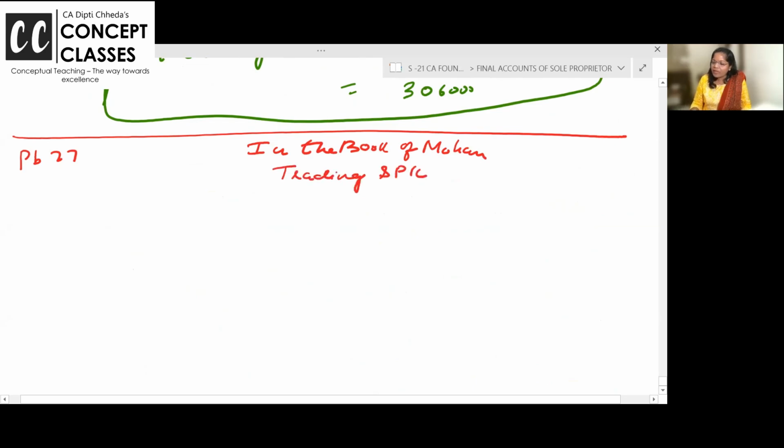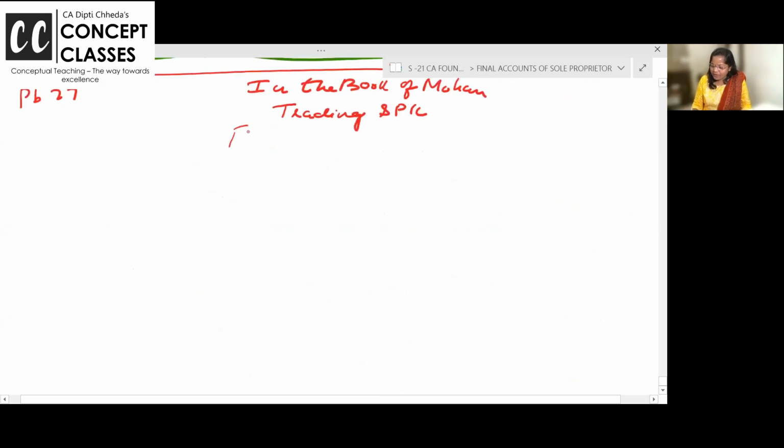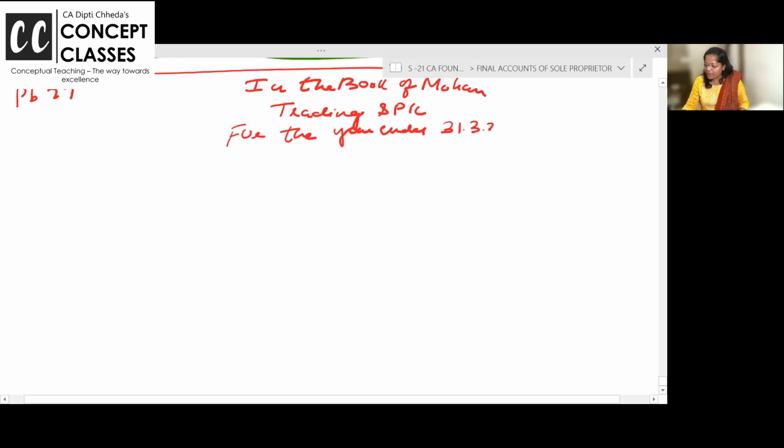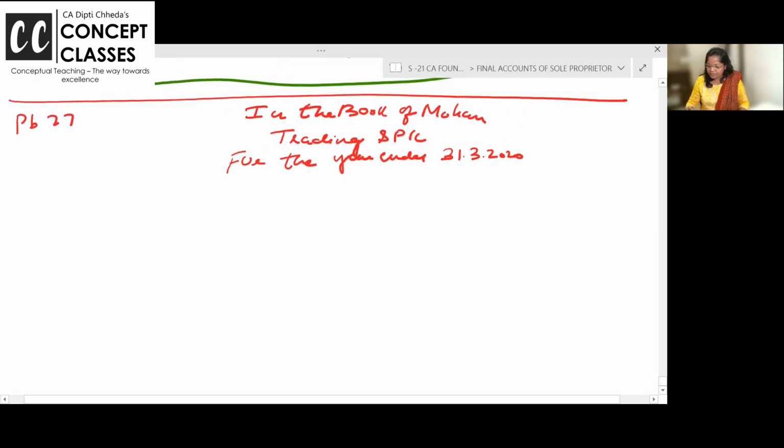I write trading and P&L account like that, but you can write it above the line and below the line, separately also. It is for the whole financial year end date. And look at the date of the trial balance: 31st of March 2020.